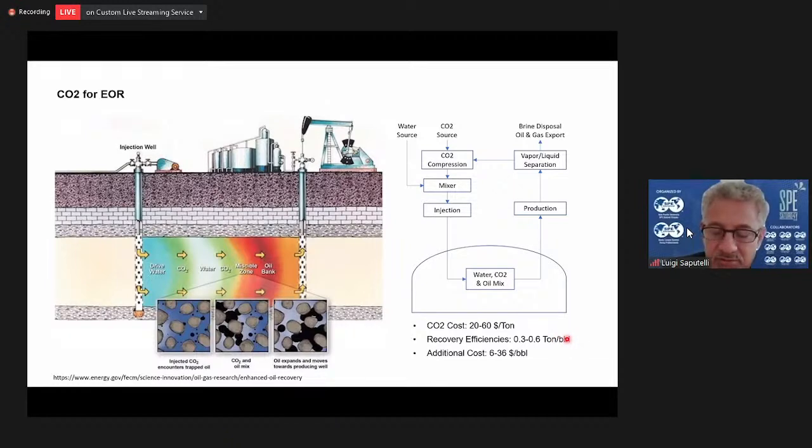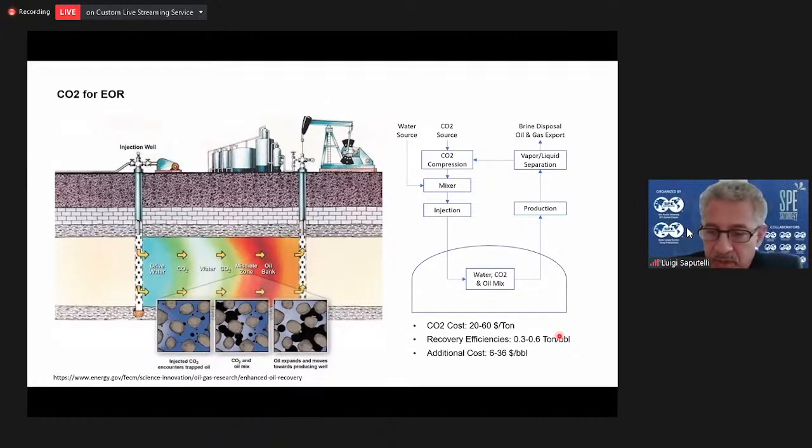Of course, at the beginning of the production, this number will be very low because you're producing a lot of oil and you haven't injected too much. But as you go into the mature stages of the CO2 injection, this number will go to 0.6 to 1 ton, 2 tons of CO2 per barrel of oil, until your process becomes anti-economic.